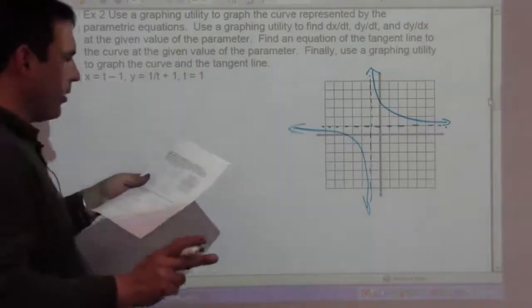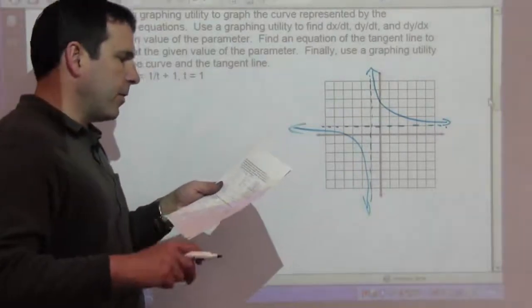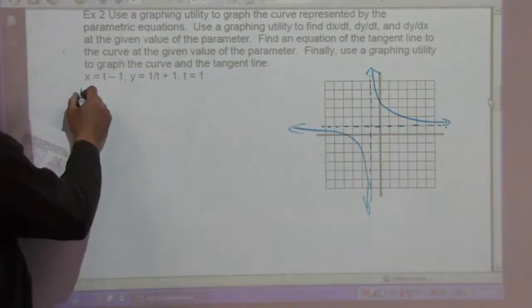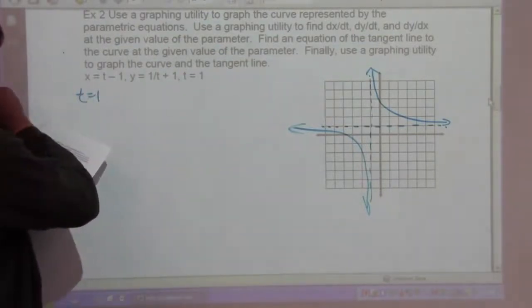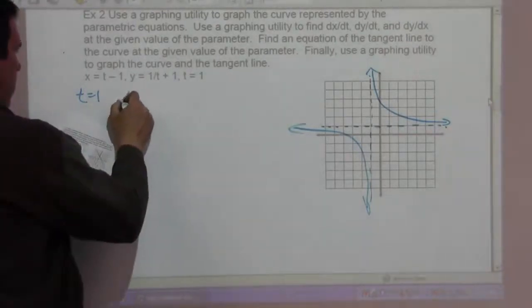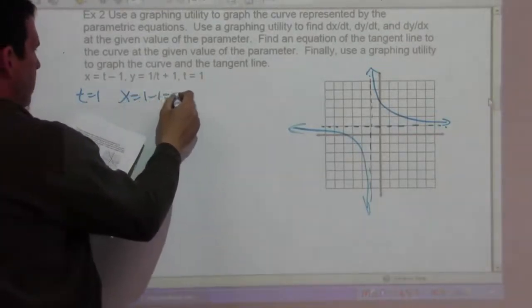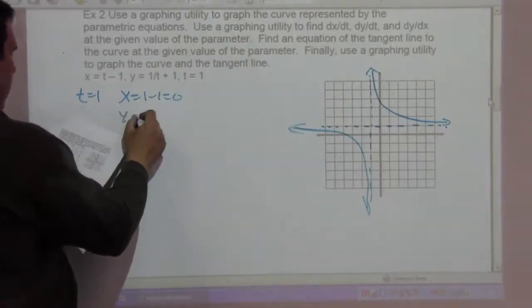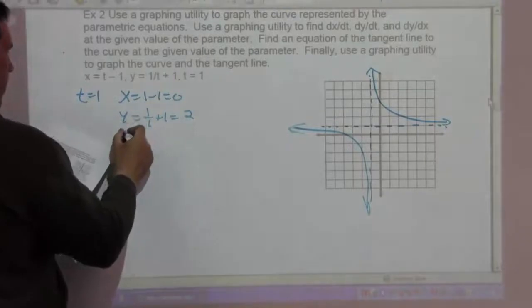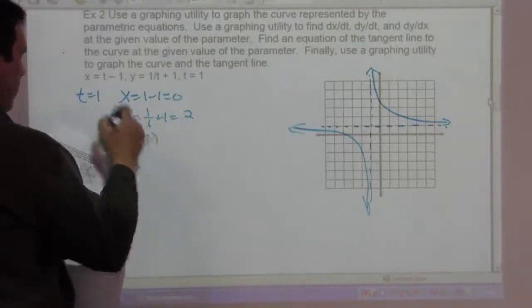On the TI-89, you can use F5 derivative to get the values. And so t equals 1. x equals 1 minus 1, which is 0. And y equals 1 over 1 plus 1, which is 2. So we have (0, 2).